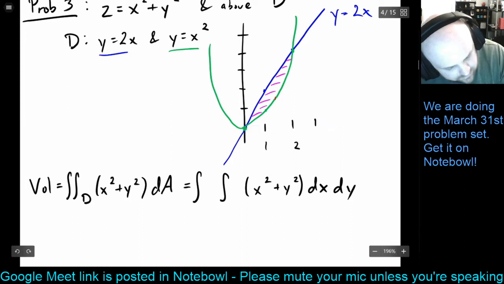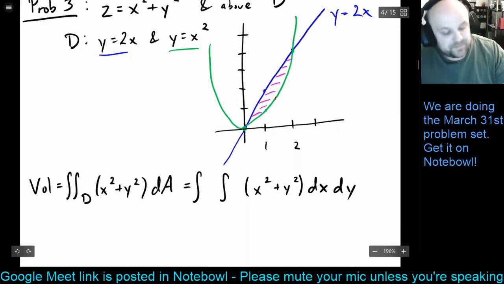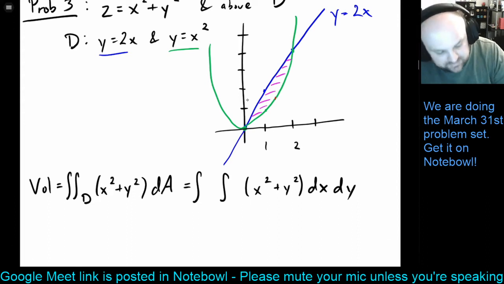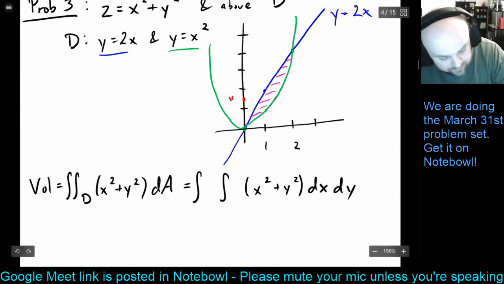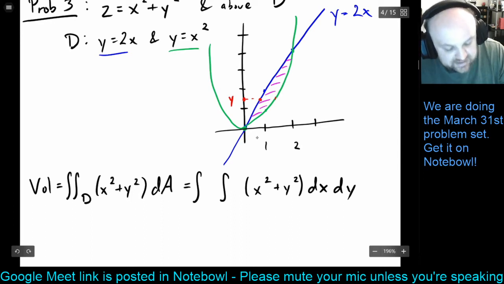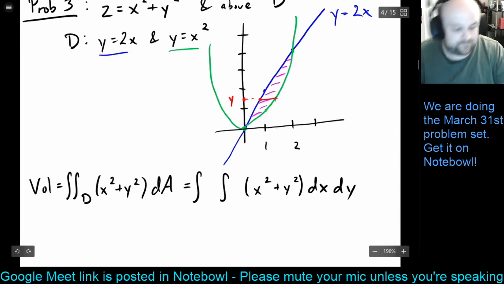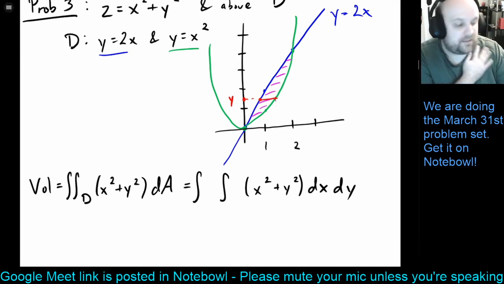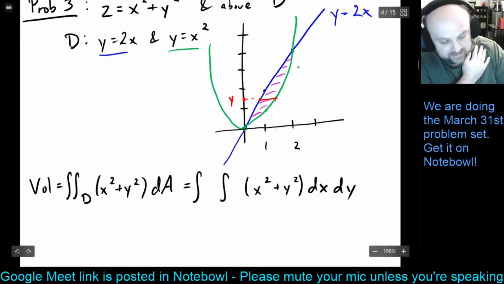What we're doing here is, if we're integrating x first, we have to fix a y value. And we say, all right, when we fix that y value, what x value does it start at, and what x value does it end at? All that means is we just have to solve these two functions for x.